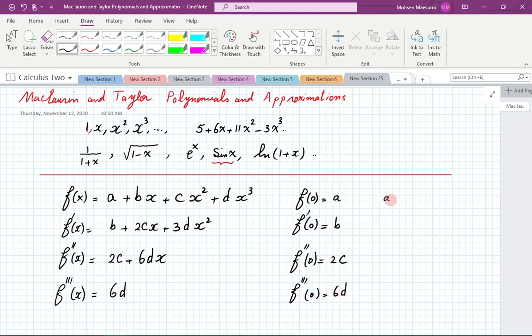So who is a? a is f of 0. Who is b? b is f prime of 0. Who is c? c is 1/2 of f double prime of 0. Who is d? d is 1/6 of f triple prime at 0. Do we see a pattern here?